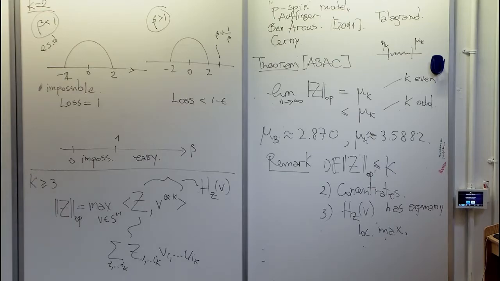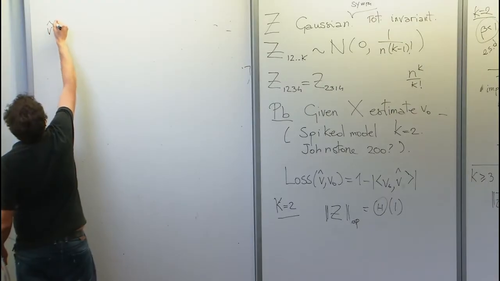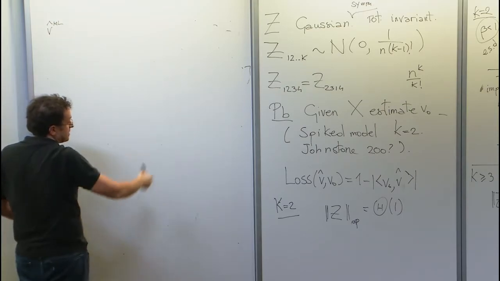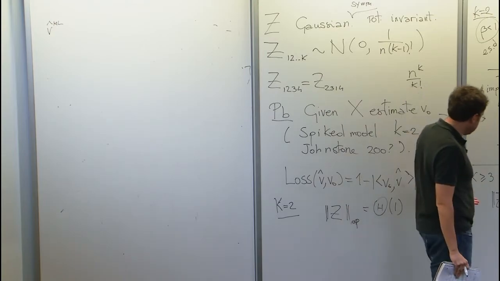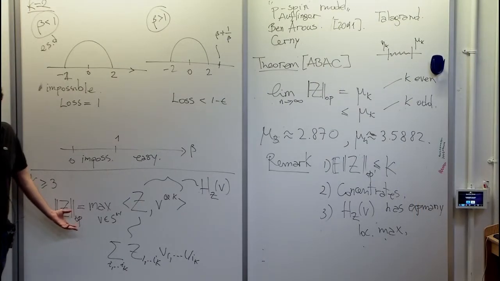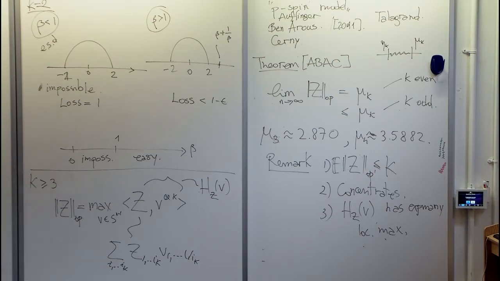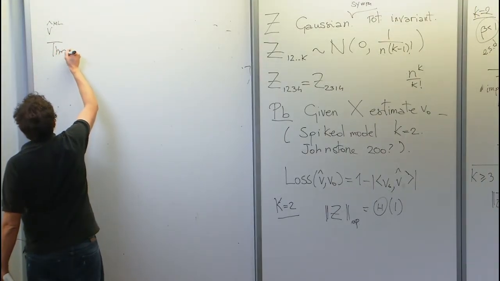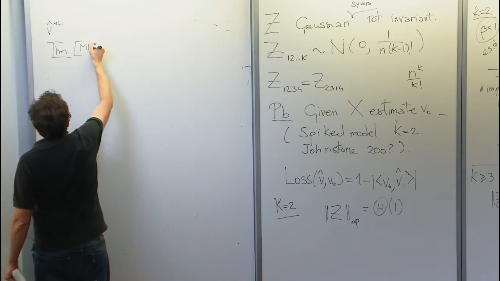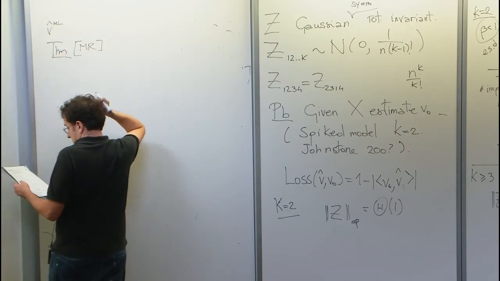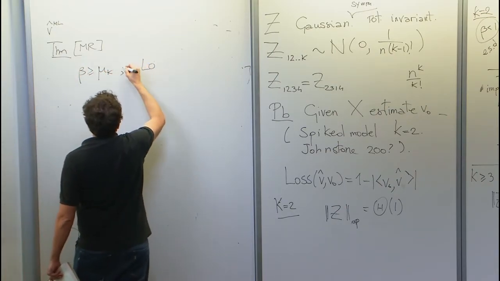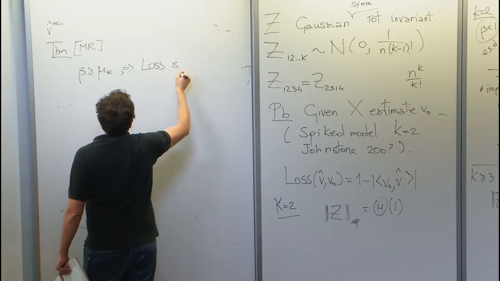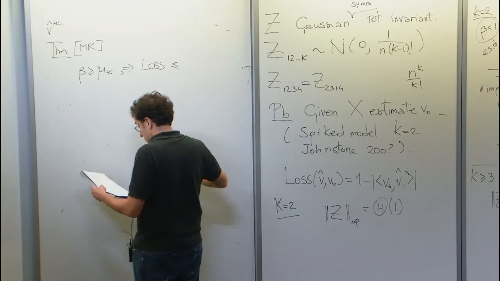Okay, so this tells you that the maximum likelihood estimator is just maximizing that cost function. This tells you that probably when beta is less than the operator norm, this has no hope of working, and in fact we have a theorem. It's not hard. Theorem: okay, if beta is bigger than mu k, then the loss is less than some constant.